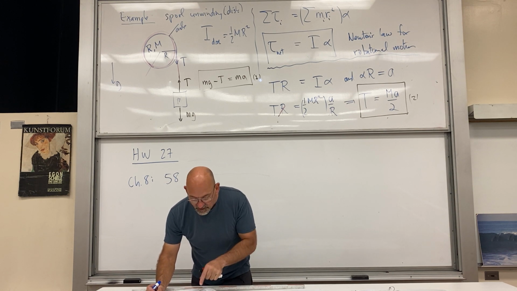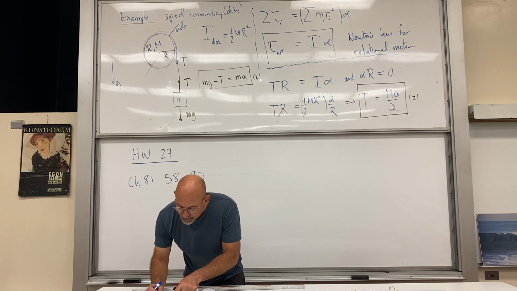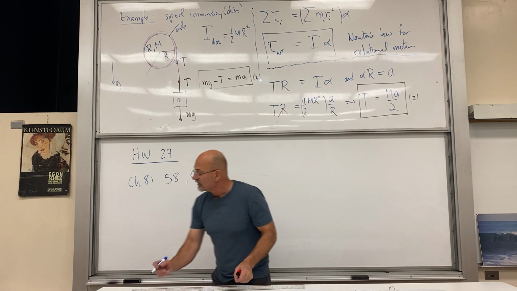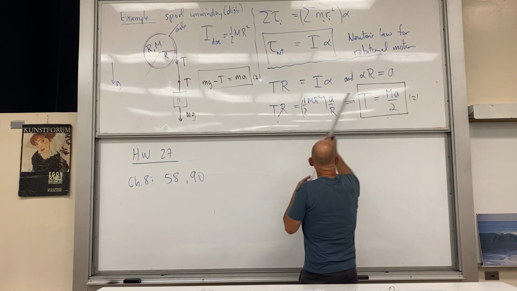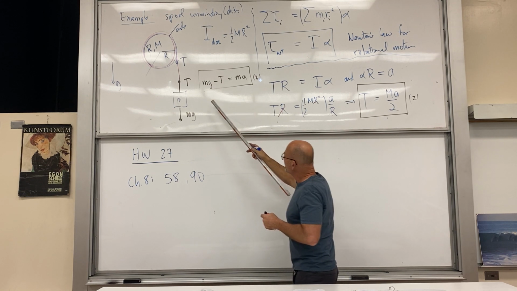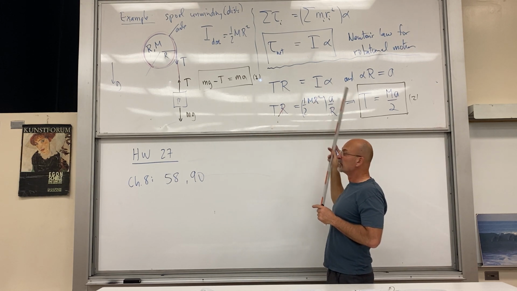And when we can, we love to use energy. So we've got a spool. I've set this up and solved it, so this one we can completely understand, and we could just answer the questions on problem 58 using this force diagram.